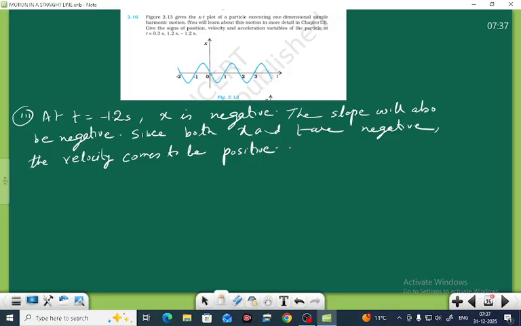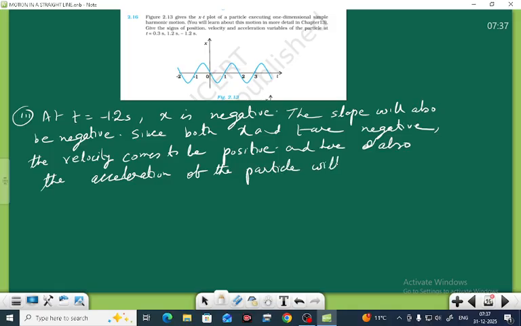And here also the acceleration of the particle will be positive.